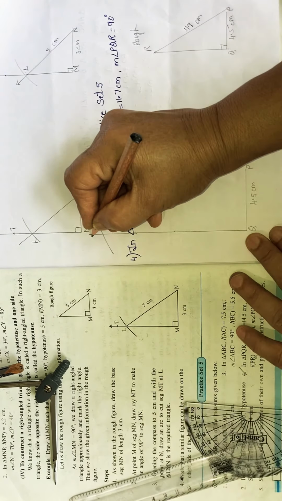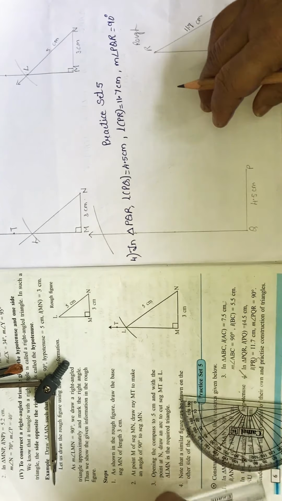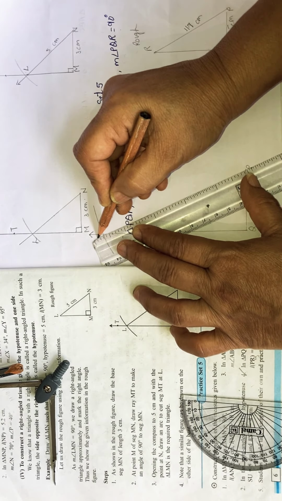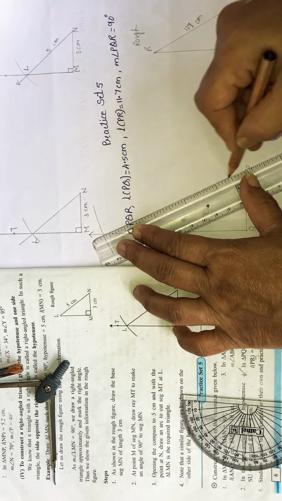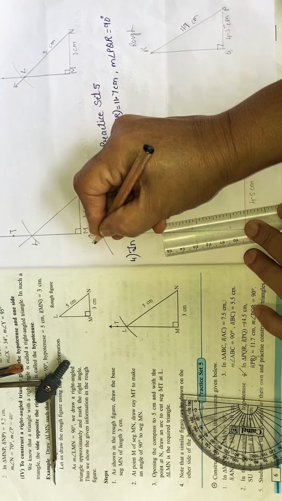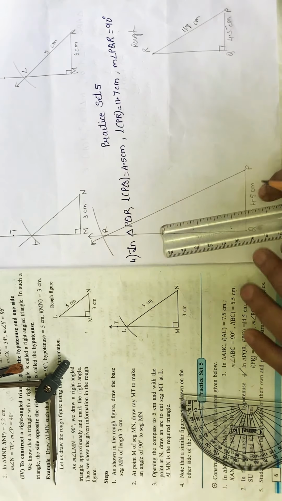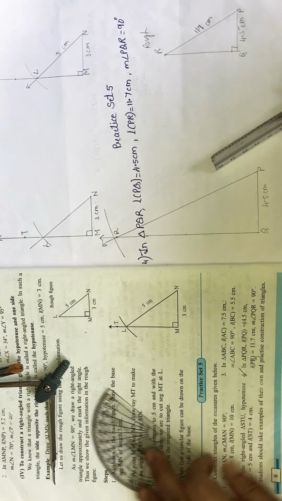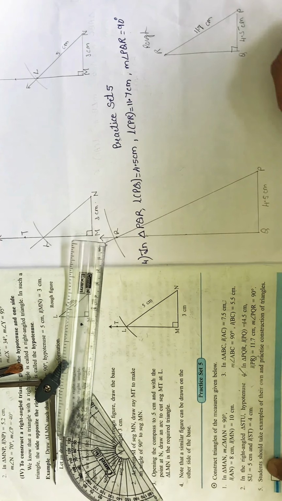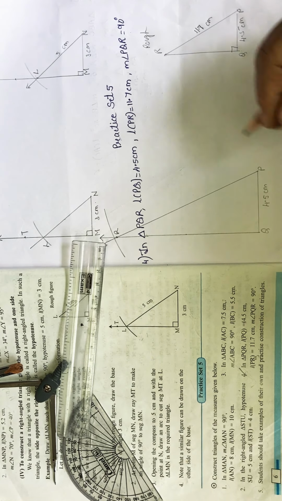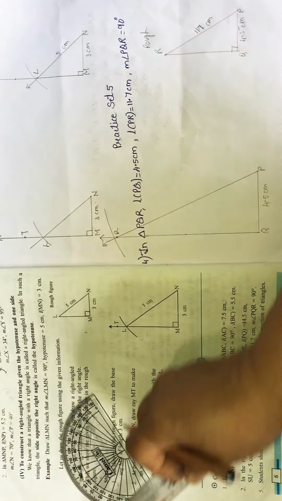And now we will join this point to this point. So this is your point R. So this is the required triangle. Now students should take examples of their own and practice construction of triangles. I hope you have understood this construction.